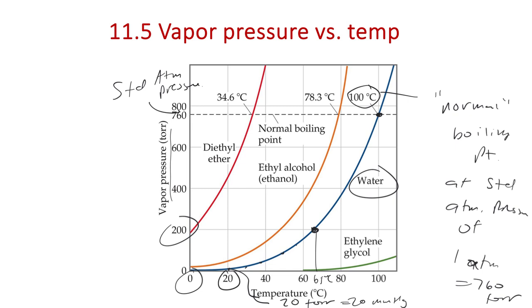So our normal boiling point is just defined as the point at which a liquid has a vapor pressure of 760 torr, because 760 torr is the pressure the atmosphere is holding that liquid in by.